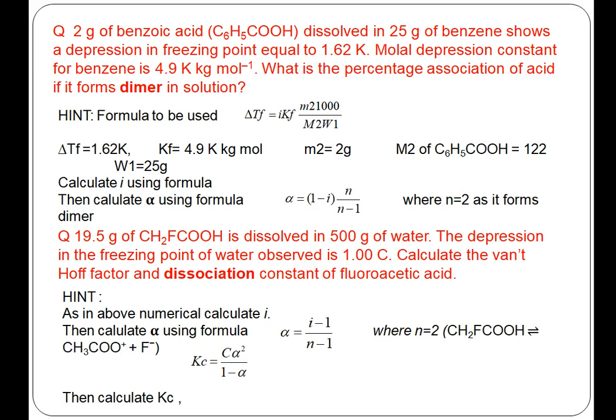First you will calculate i. But since here the word dissociation is mentioned, then calculate alpha using the formula for dissociation of solutes. And from alpha, you can calculate the dissociation constant, that is Kc.